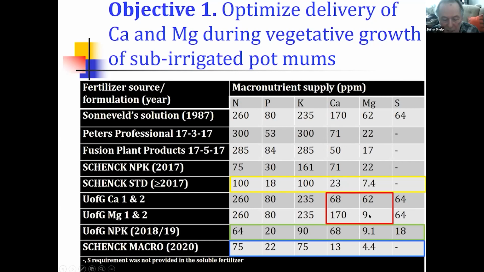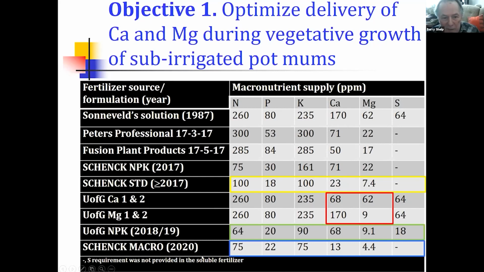Then we also conducted a trial at the university in which we lowered the NPK levels to the lowest we've used in all our trials. This is 64 ppm of nitrogen, 20 of phosphorus, and 90 of potassium, in conjunction with these lower magnesium and calcium levels.